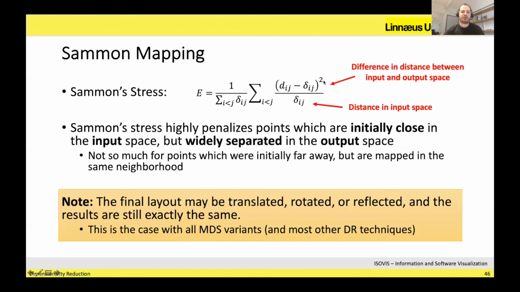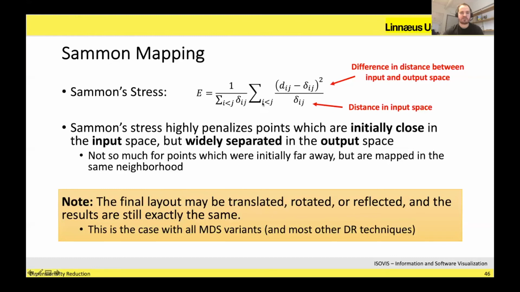Then you square it, because, like when you do with a linear regression or most other costs, you have this squared error, because then it becomes positive, and then you want to penalize outliers and so on. So you square it, it becomes positive. Then you divide by the original distance in the input space, so that the larger this thing over here is, the smaller this component actually matters. Then you sum all of it for all pairs of points.